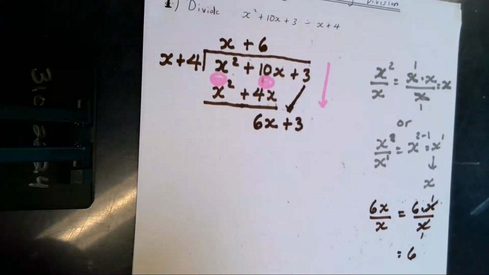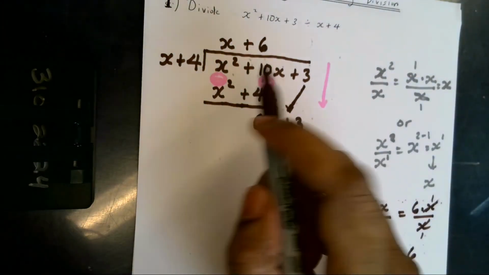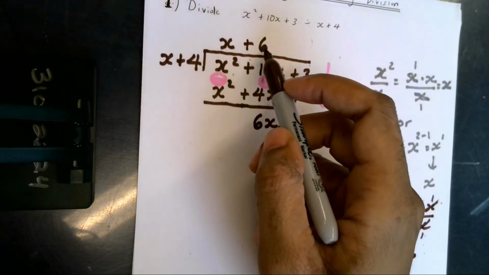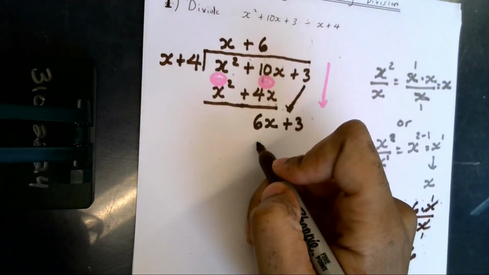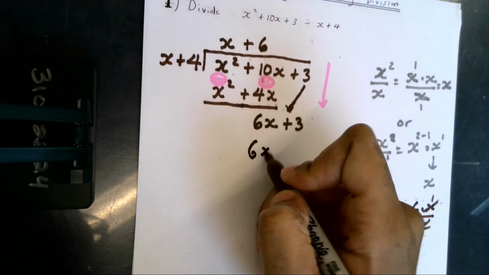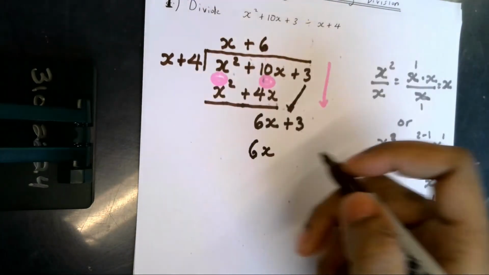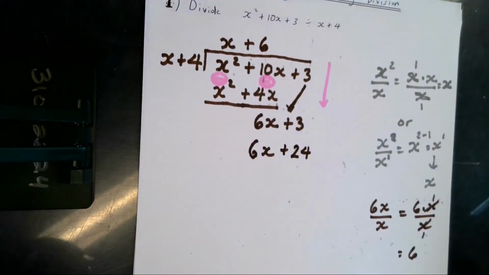All right. So after we have divided, we're going to multiply our divisor by 6. So 6 times x, 6x. 6 times 4, that's 24.